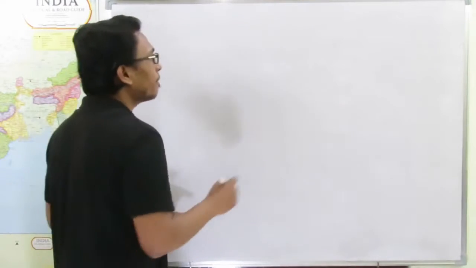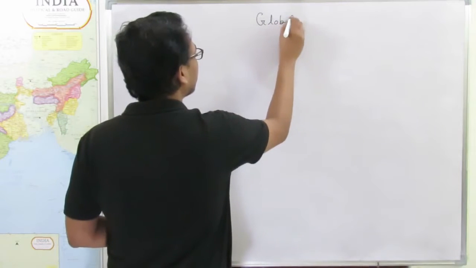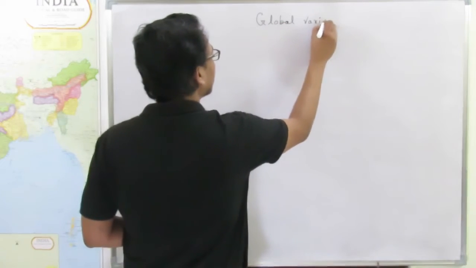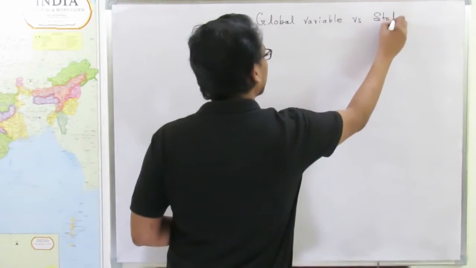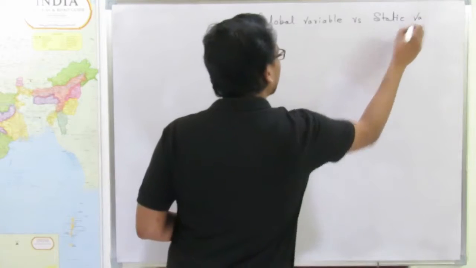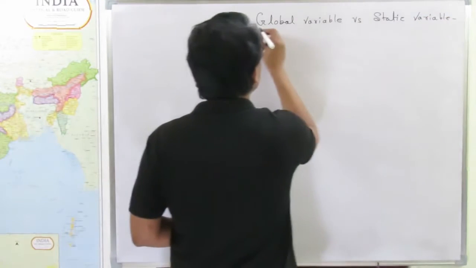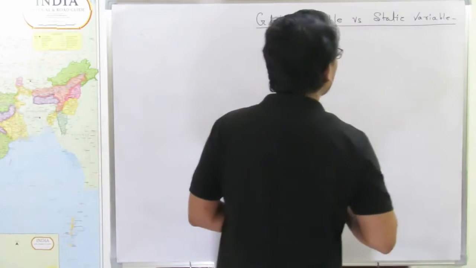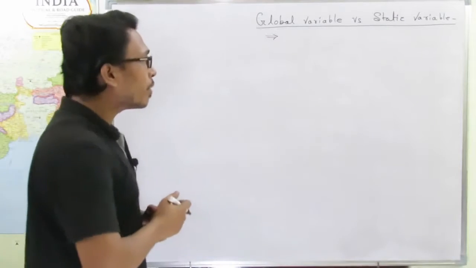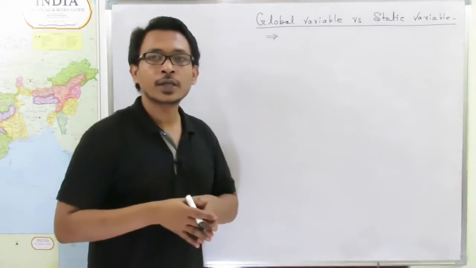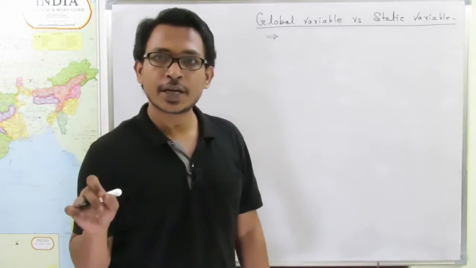Now coming to the global variable and static variable. Look, in C programming there is no keyword like global, but we need to use the static keyword in case of static variable.